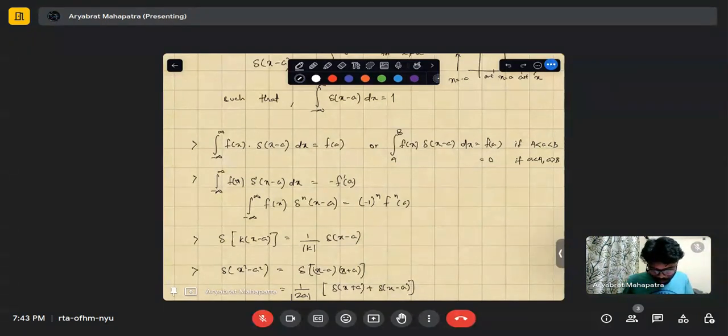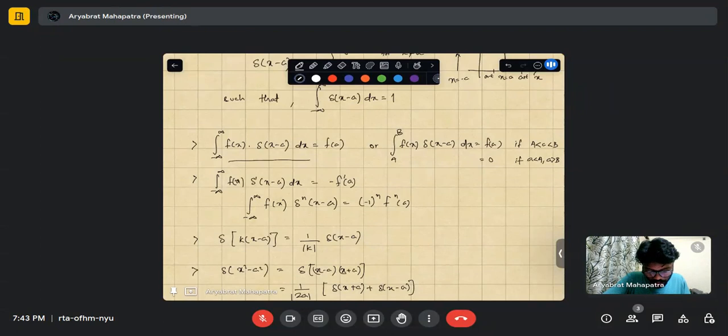People also often call these test functions. When you multiply a function with the delta function and take its integral, the value of the integral will be equal to the value of the function at the point where the peak of the delta function is.